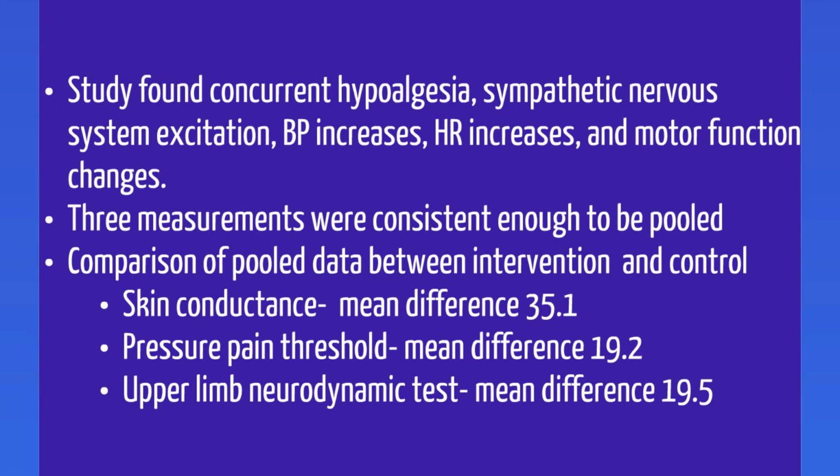So what they found was concurrent hypoalgesia, sympathetic nervous system excitation, blood pressure increases, heart rate increases, and motor function changes. The 3 measures that they found enough consistency to be pooled were skin conductance, pain pressure threshold, and upper limb neurodynamic test. And these are the differences of that meta-analysis between the interventions and the controls.